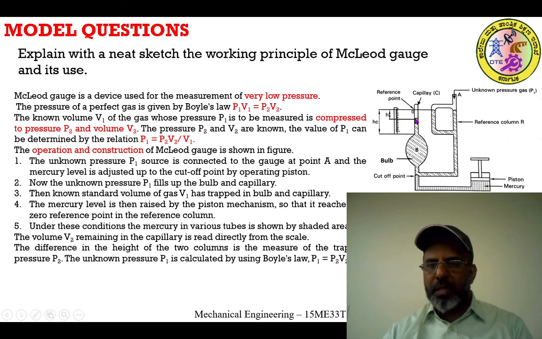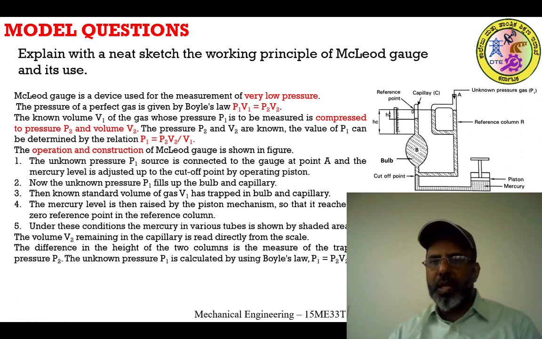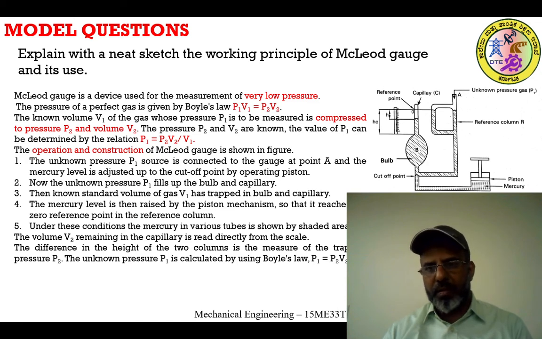The difference in height H of the two columns is the measure of the trapped pressure, and the unknown pressure P1 is calculated using Boyle's law, P1 equals P2 V2 divided by V1. I hope you have clearly understood the working principle of the McLeod gauge.